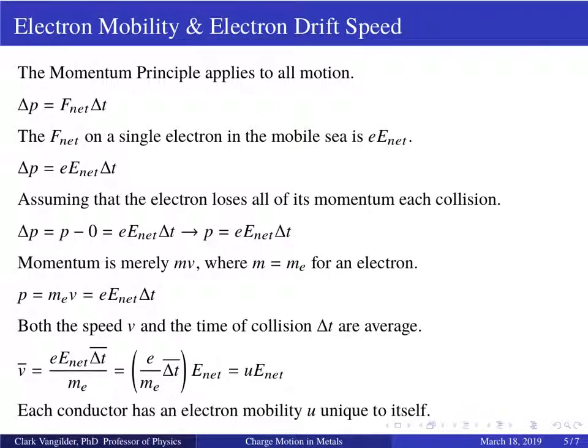Now here's this thing right here. Each conductor has an electron mobility that's unique to itself, and I'm going to blame it on the average time of collision. Because guess what?